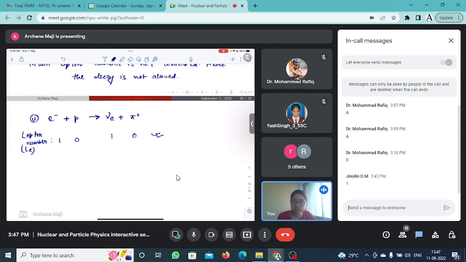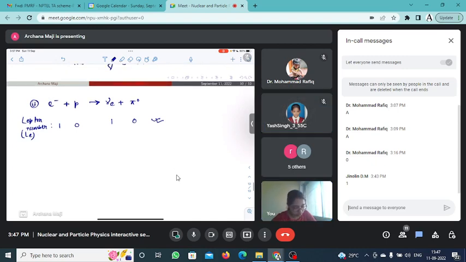So is the decay allowed? Conservation of baryon number has to be checked. So what is the baryon number for electron? 0.